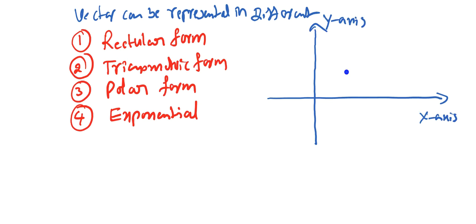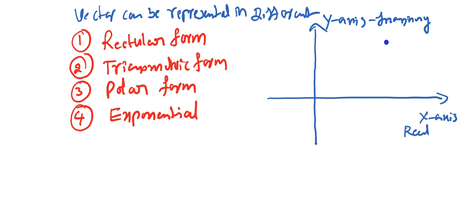This xy axis can be taken as a real axis and an imaginary axis, so you can call it a complex system. The xy representation is also a complex representation, with a real part and an imaginary part. Those concepts we will also see here.